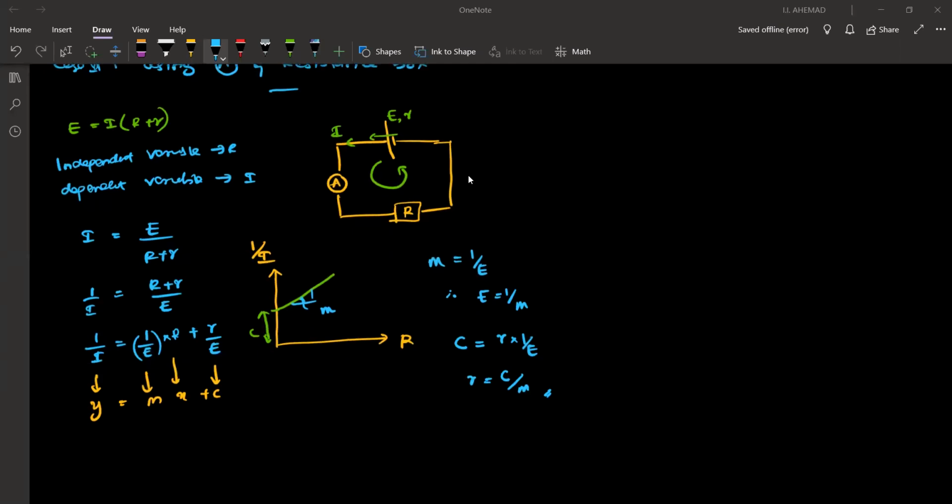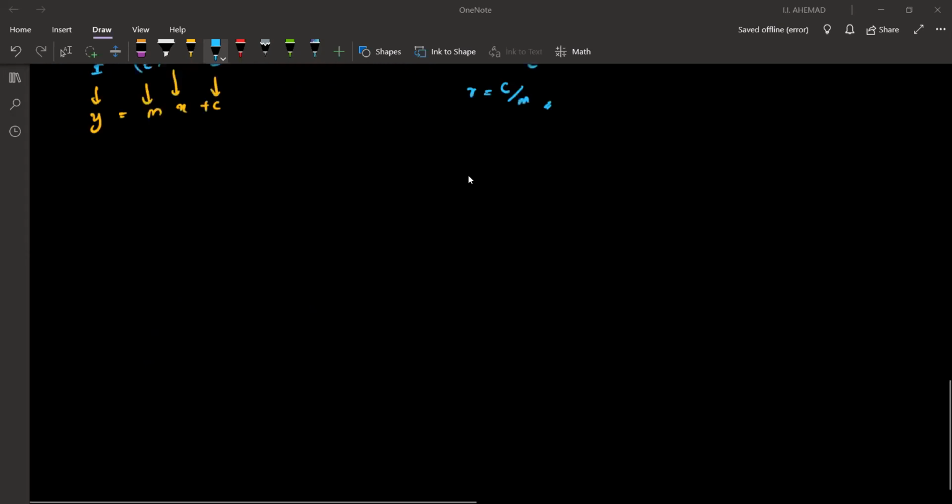Okay, what is this resistance box? So here, how are we going to change the resistance?